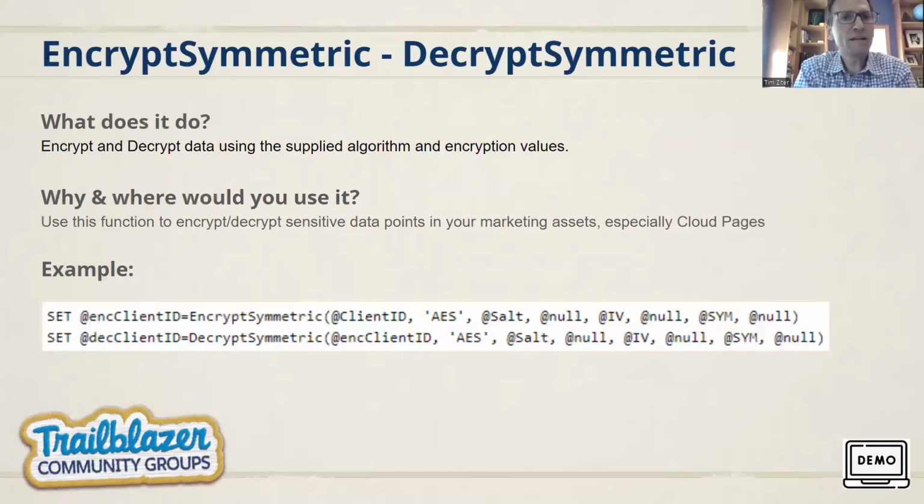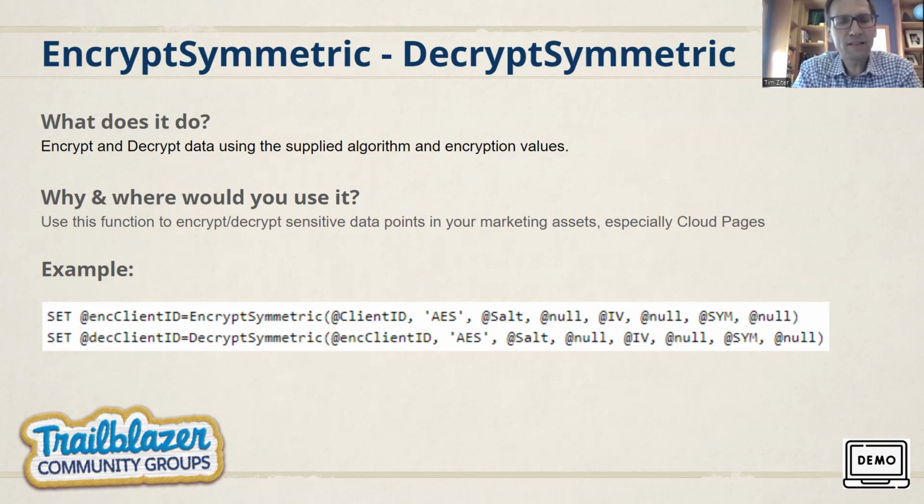So encrypt and decrypt, what does this do? It gives you the ability to handle sensitive data points you're using in your solutions. Primarily the use case would be a cloud page, where you want to encrypt that data so it's not facing out there, where someone could search and find it on that cloud page.